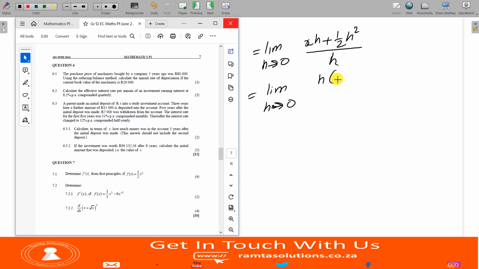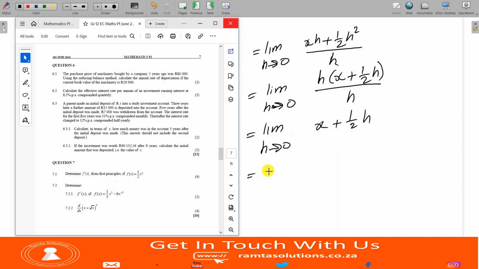We are left with x plus half h all over h. As you can see, the h's will cancel. We are left with the limit as h tends to 0 of x plus half h.